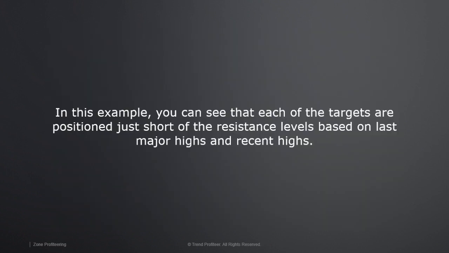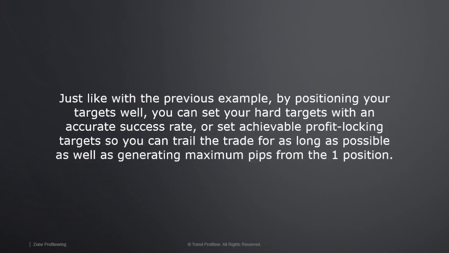So in that example, you can see that each of the targets is positioned just short of the resistance levels based on last major highs and recent highs. Just like with the previous example, by positioning your targets well, you can set your hard targets with an accurate success rate or set achievable profit locking targets so you can trail the trade for as long as possible, as well as generating maximum pips from the one position.